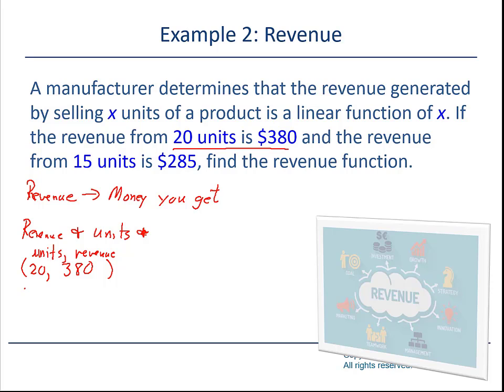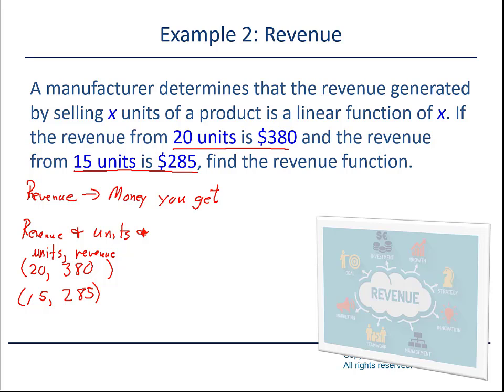We also have a second set of ordered pairs. The units come first, so the 15 is here, and the 285 goes there. Now, one tip for you, units and revenue. We decided we put the units first, the revenue second.